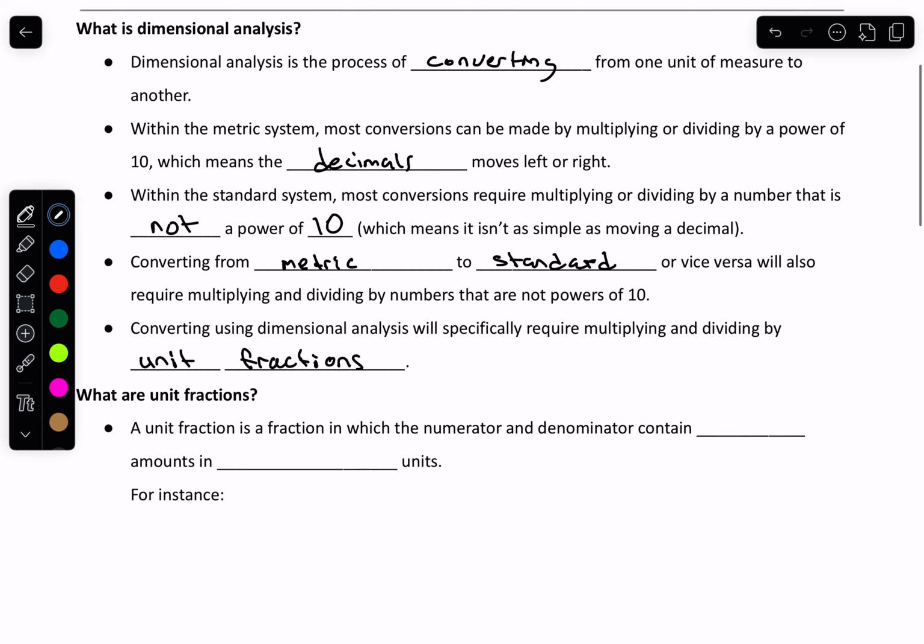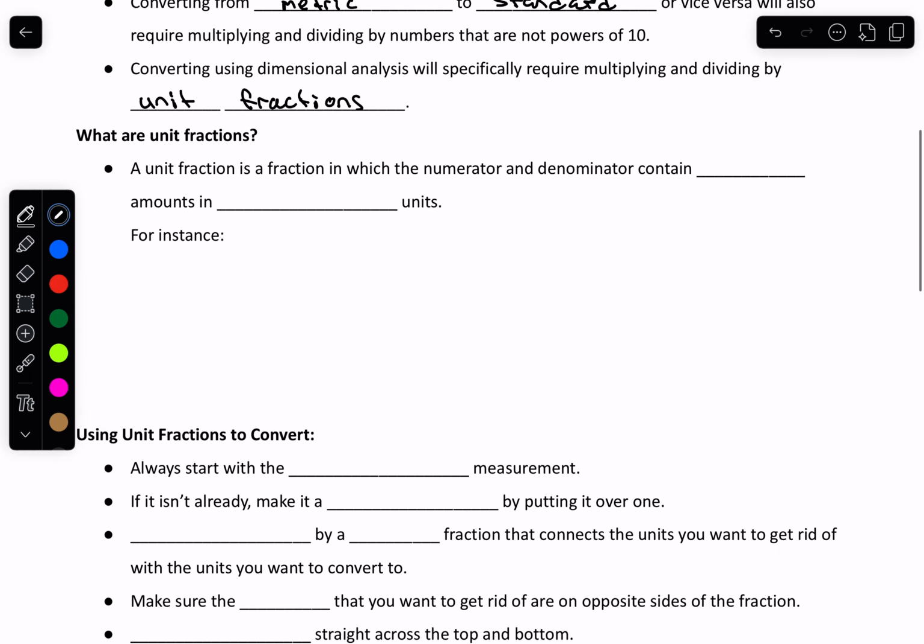So our next bullet point down there, what are unit fractions? Well, a unit fraction is a fraction in which the numerator and denominator contain equal amounts in different units. So the idea is that although the numerator and denominator might not look like they're the same thing because they have different units, they do in fact represent the same quantity.